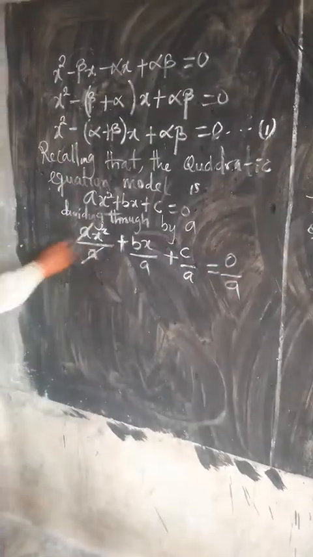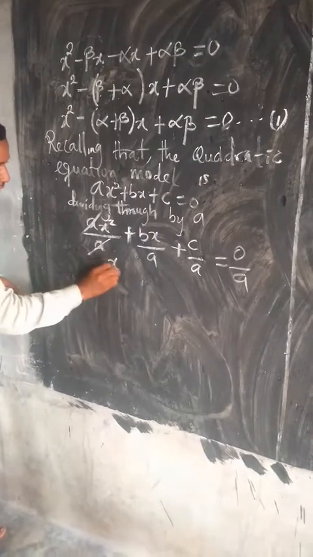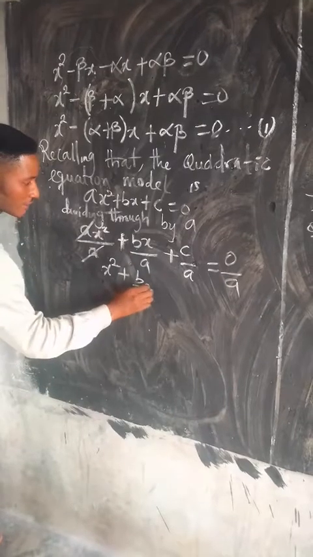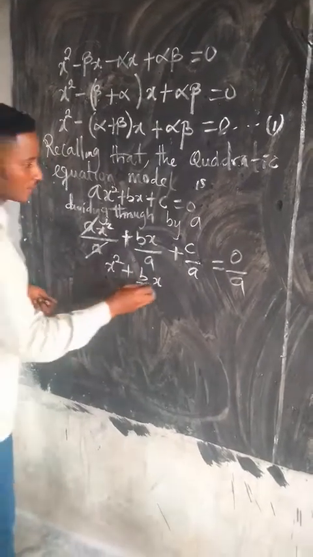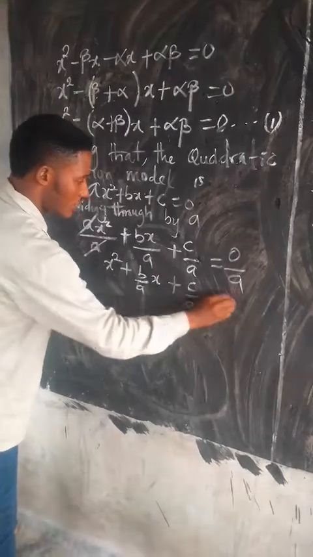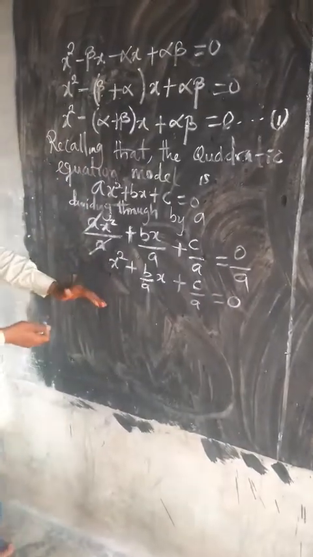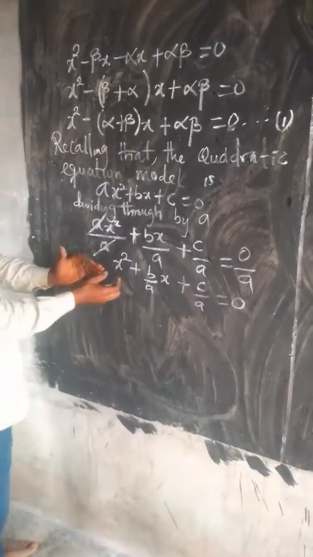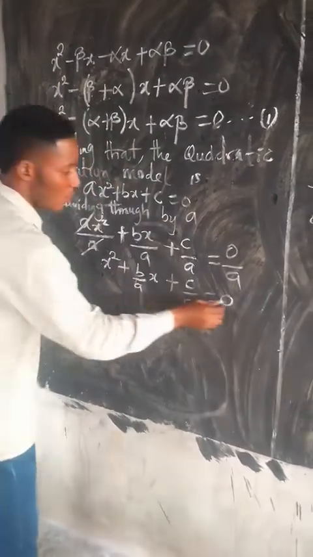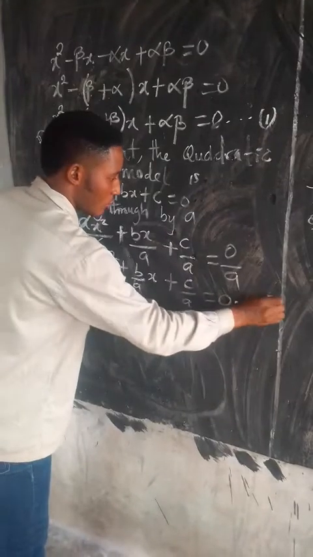So a cancels out a here, and we are left with x squared plus b over a x plus c over a equals 0. Now this looks similar to our equation 1. Hence, we call this equation 2.